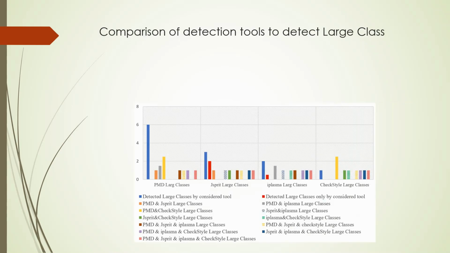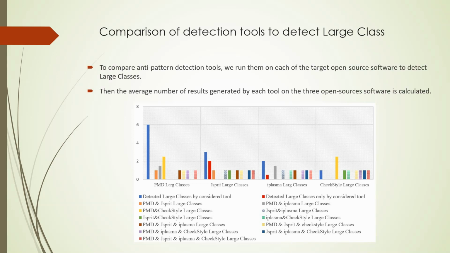This chart shows the comparison of detection tools to detect large class. It has four sections. In section 1, PMD large classes are shown. In section 2, JSPRIT large classes are shown. And in the other sections, iPlasma and CheckStyle are shown respectively. You can compare these sections with each other.